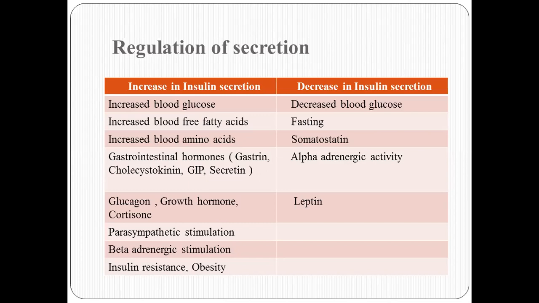So if there is a decreased blood glucose level, there will be decrease in the insulin secretion. In conditions of fasting, if you have secretion of somatostatin, if you have alpha adrenergic activity, and in cases of a hormone which is known as leptin hormone, which is responsible for the obesity factor, nowadays you can Google it. This is a new hormone which is there, and that also decreases the insulin secretion.